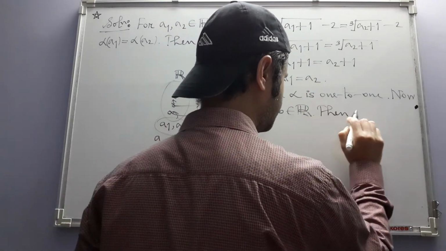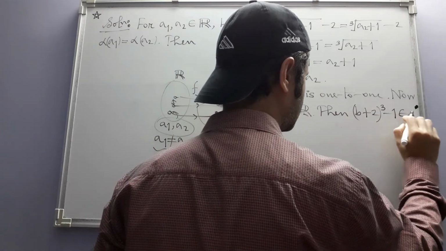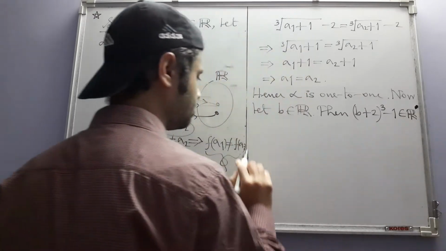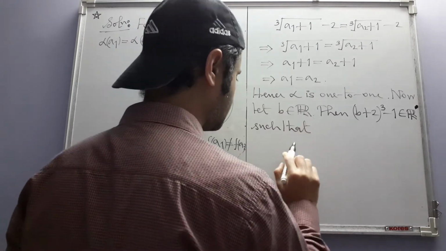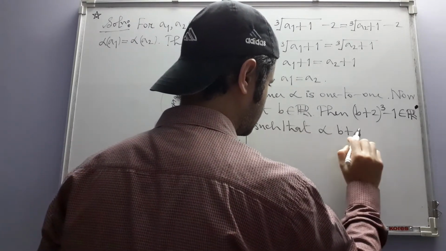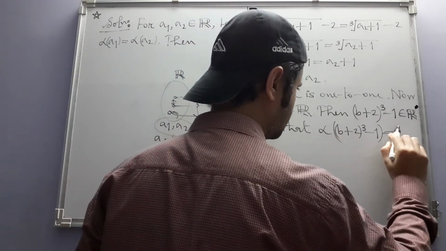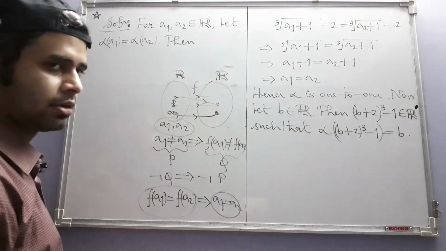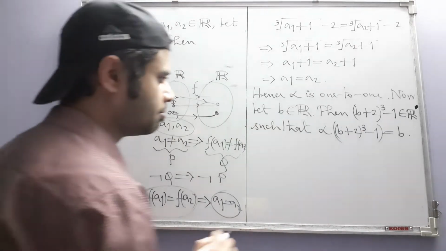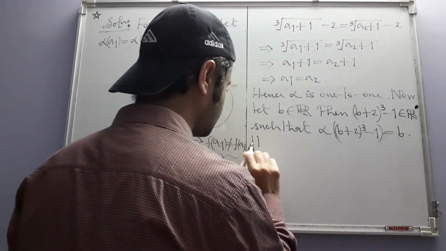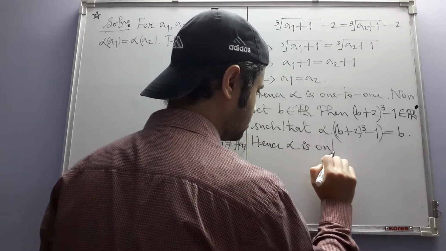Then this is also a real number, this will be equal to b. You can do the calculation. We have seen how this pre-image or inverse image has come. Hence alpha is onto.